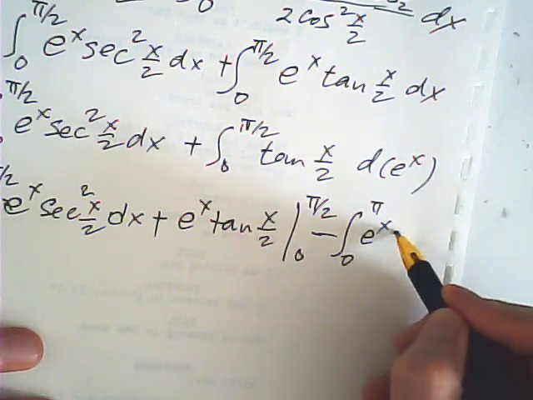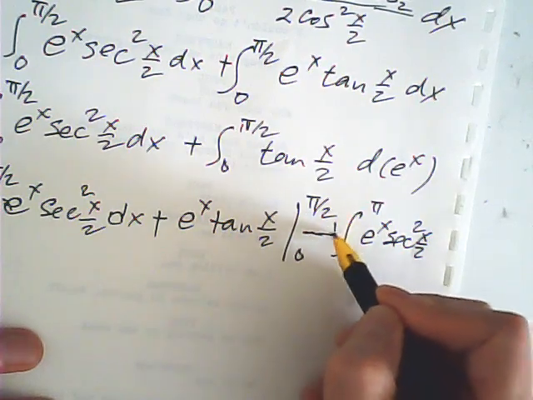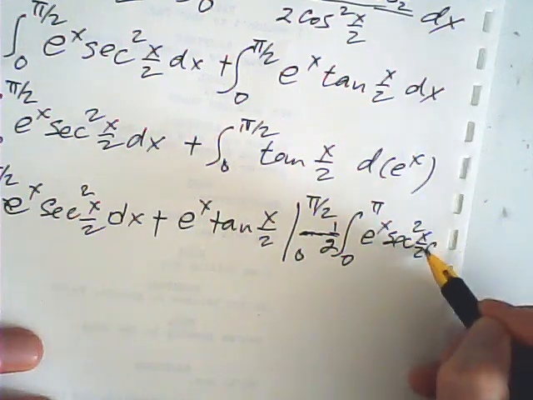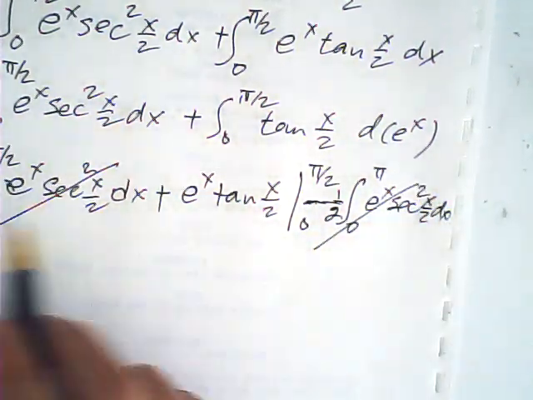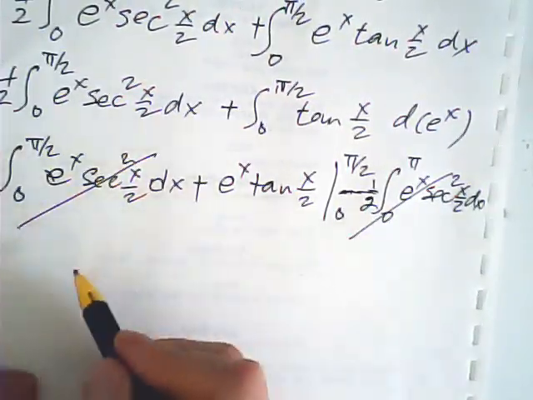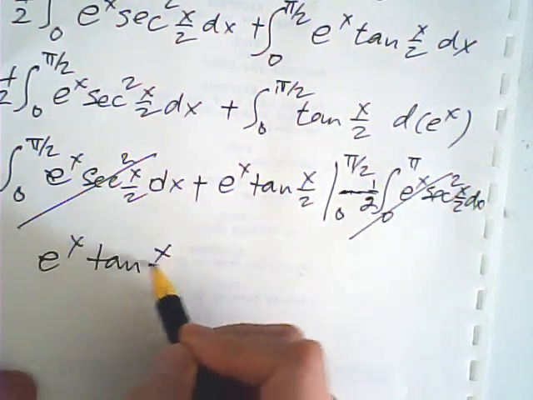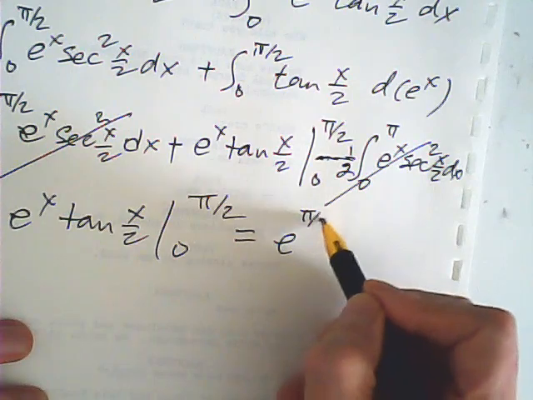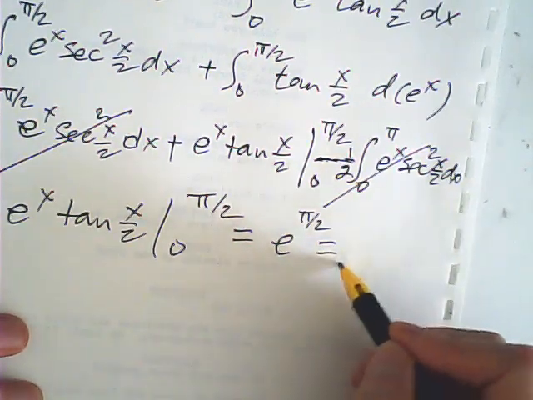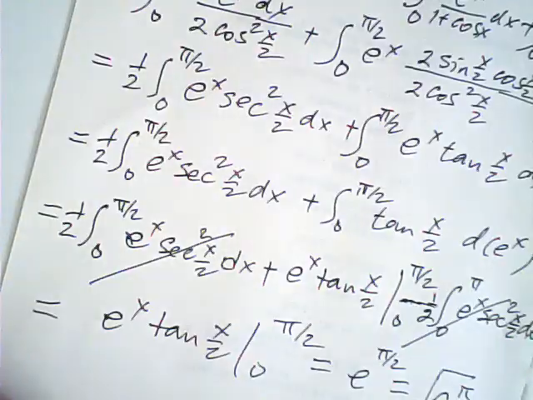V is this, du is secant square half x times half. Let me leave half outside, and the dx. So this one cancels with that one, right? So left over e^x tangent half x from 0. So this is e to the half pi, so this is equal to square root e. Very good for method 1.